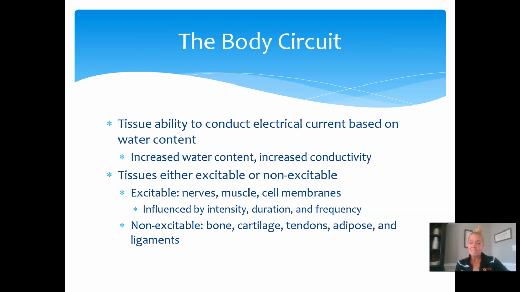I mentioned this in the last lecture, but tissue is going to conduct electricity at different rates, and the tissue's ability to conduct electricity is going to be based on its water content. Basically, the higher the water content of the tissue, the more easily it's going to conduct electricity, so increased conductivity. Tissues are considered to be either excitable or non-excitable.